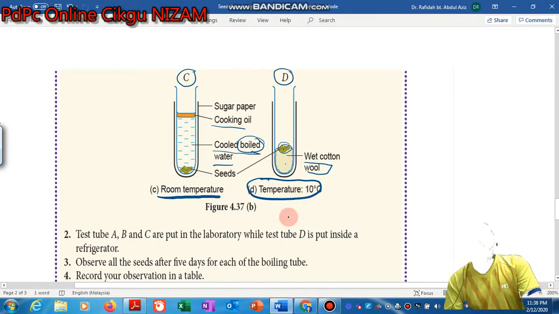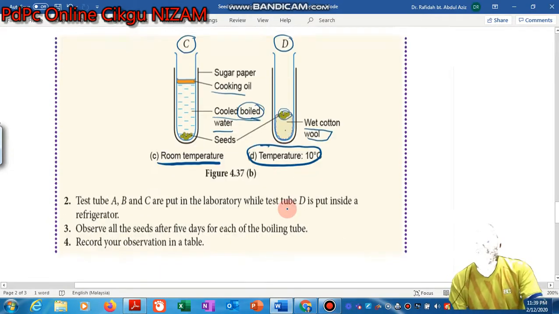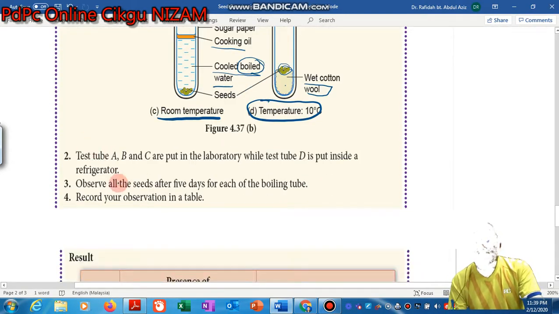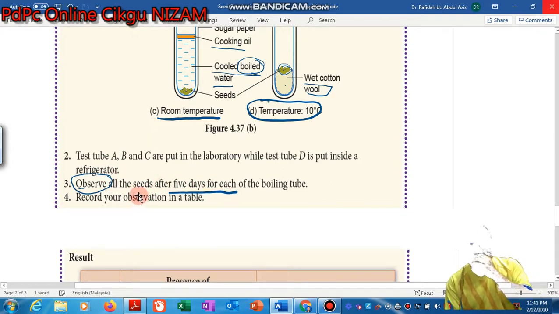So after we have prepared all these 4 boiling tubes, we have to put them aside for about 5 days, and then after 5 days we have to observe and record whether the seed germinates or not for every boiling tube.